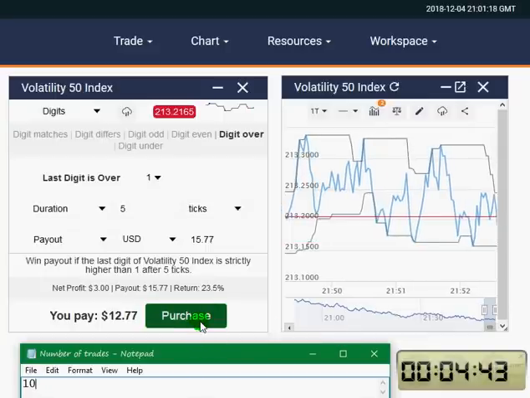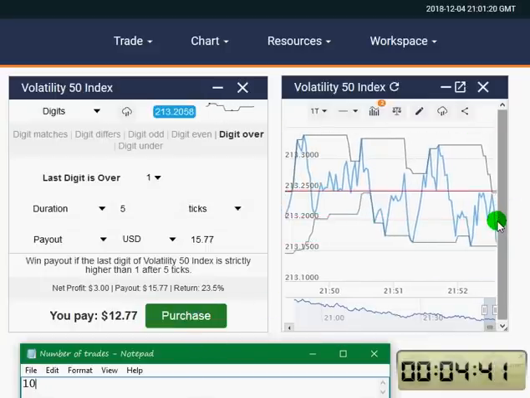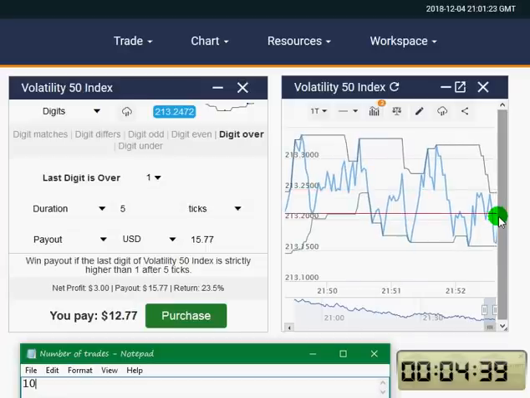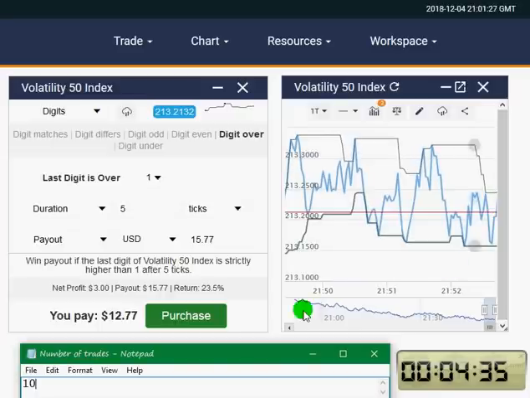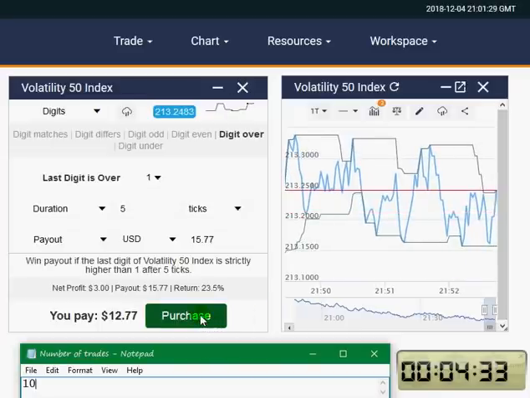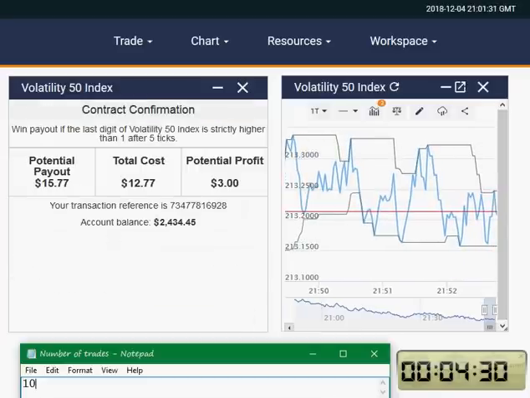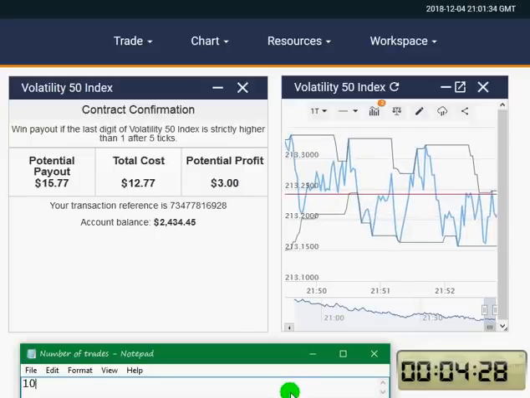So going down, we have to give it some time to move up again. So once it moves past or overlaps the maximum, it has overlapped, then we click on purchase. That's our last trade, the 10th trade.